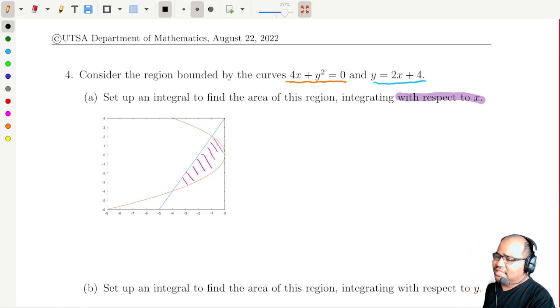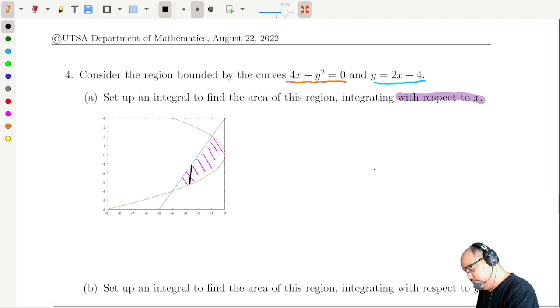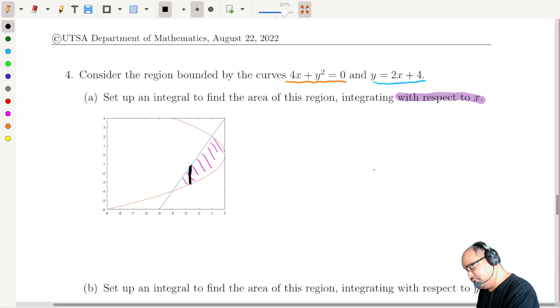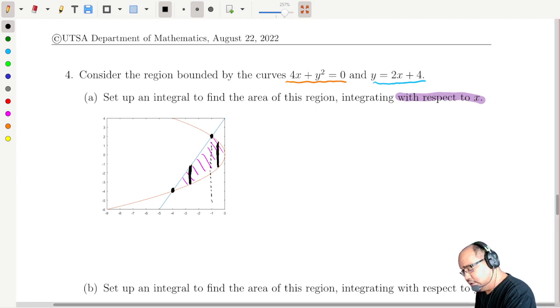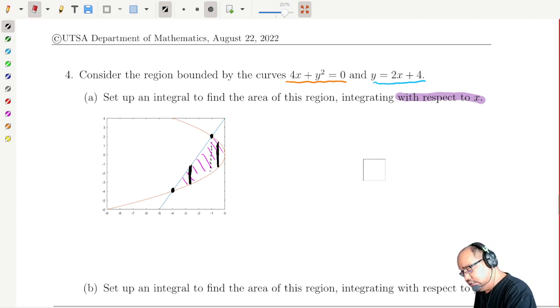And I want to integrate this in x. Well, as we saw in the last picture, there's going to be a point where the strips here do not touch both of the curves, but rather touch the same curve twice, as it does here. And so what we do is we have to cut this up into two different integrals.